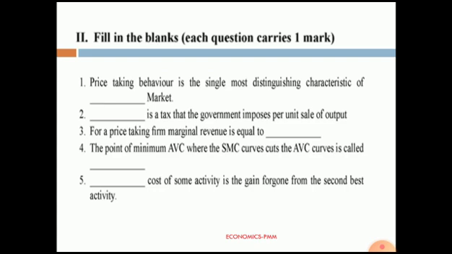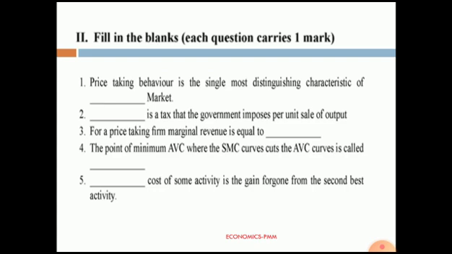First one, price taking behavior is the single most distinguishing characteristic of dash market. Students, you already studied types of market: perfect competition, imperfect competition, and in imperfect competition you have studied monopoly, monopolistic, oligopoly, duopoly.